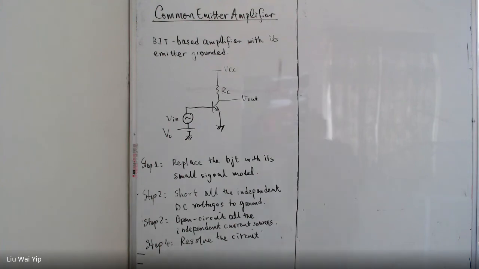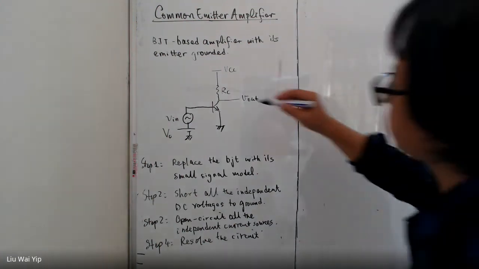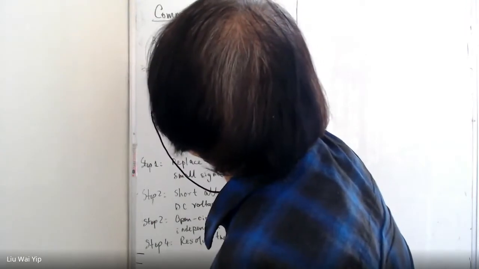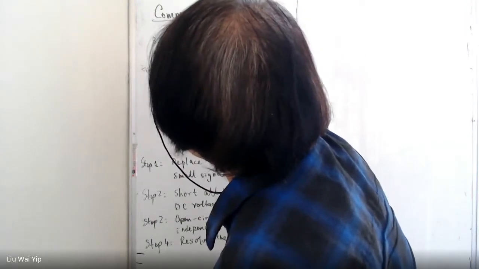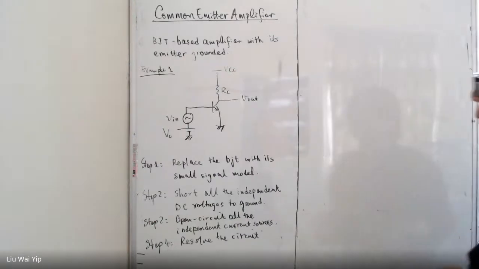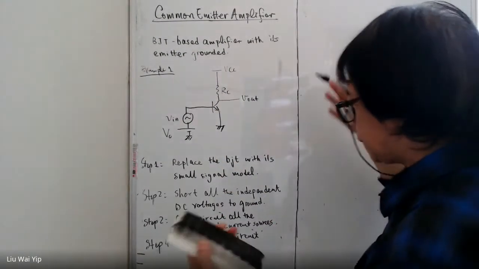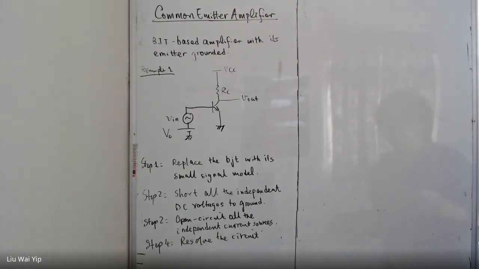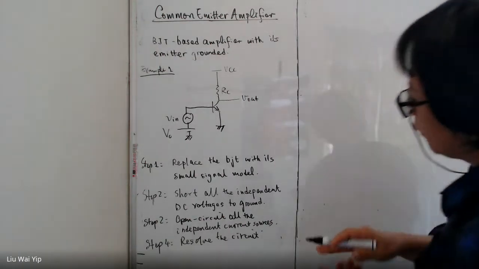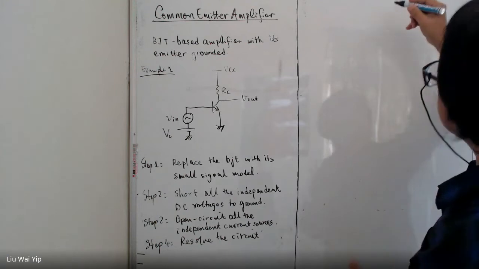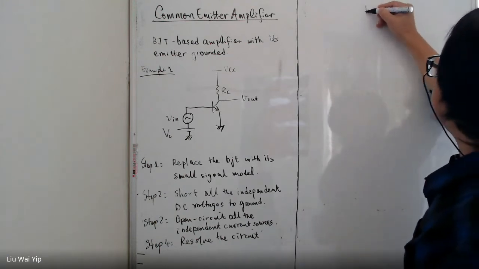Now, with this simple example, the first step is to replace the transistor with the small signal model. One of the small signal models we have learned is the pi model. And it's like this.